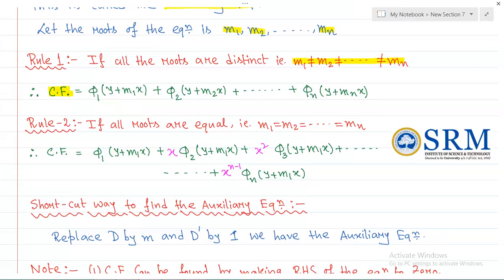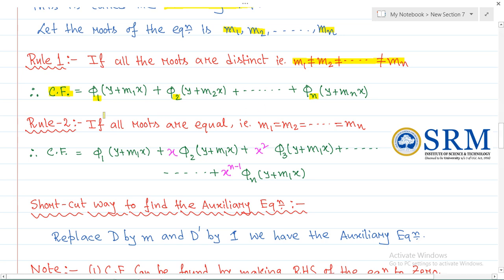Here in terms of f I have written phi 1 of y plus m1x, phi 2 of y plus m2x, phi n of y plus mnx. Since the n roots are different, we have different functions, phi 1, phi 2, phi n.